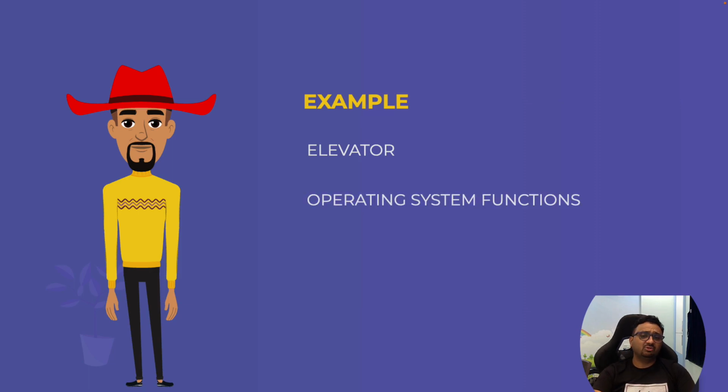The second example I wanted to give you is operating system functions. For example, you are opening a file. You don't know what is happening behind the scenes, but it's a function, or an API, that tells the operating system that I want to open this particular file.